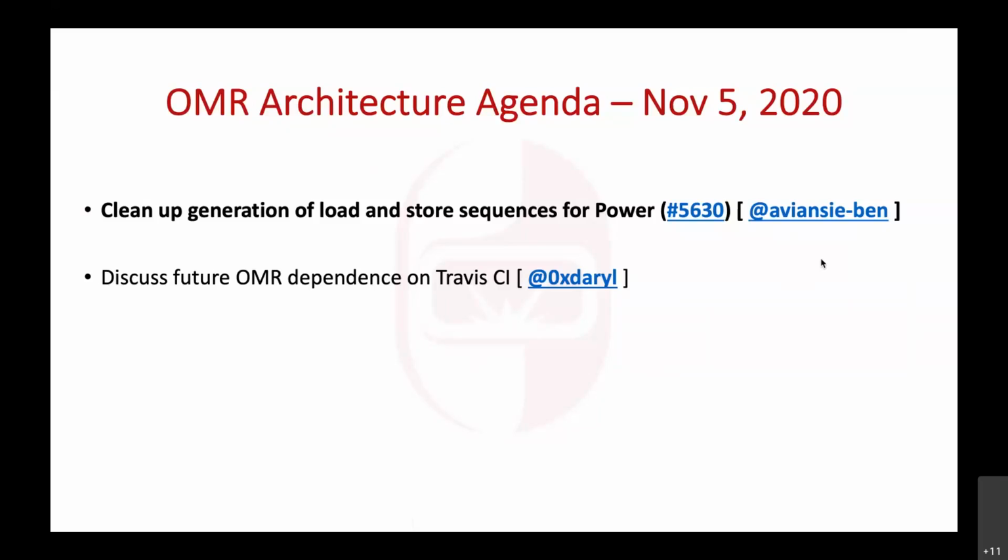So what I'm proposing in the Power code generator is a new interface, and for now I'm going to call it load store handler, where instead of getting back a memory reference corresponding to a load or store, you request that the load store handler emit a load sequence or a store sequence. You provide it with the node, the opcode you'd like to use to perform the load or store, and the source or target register.